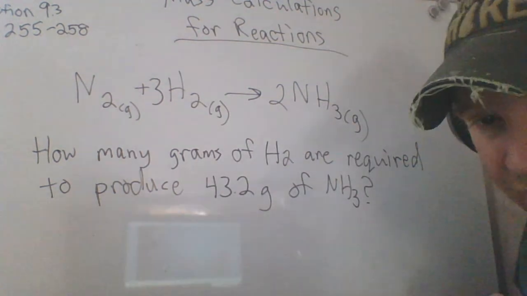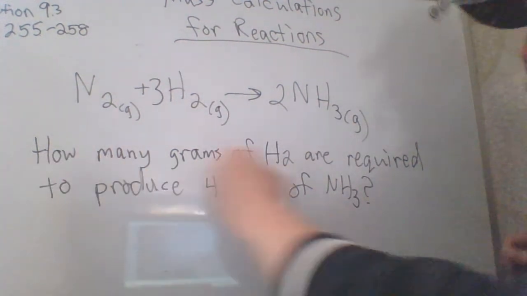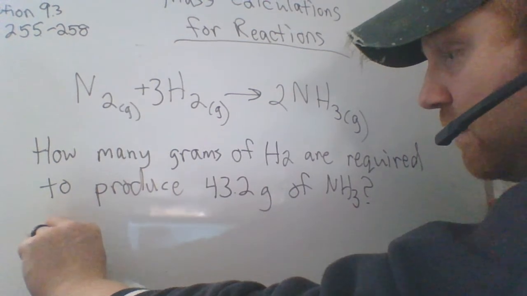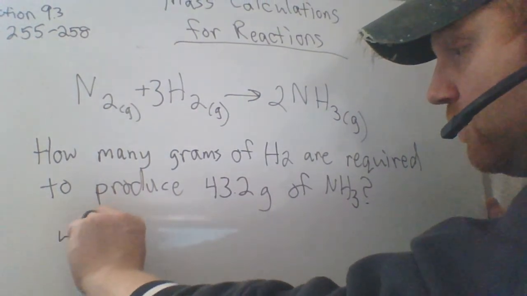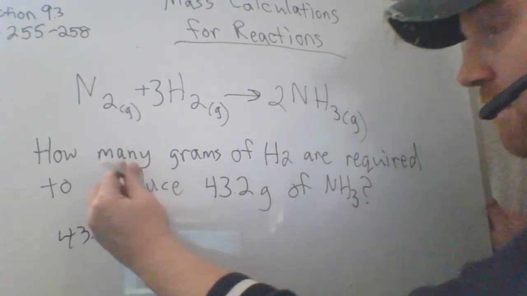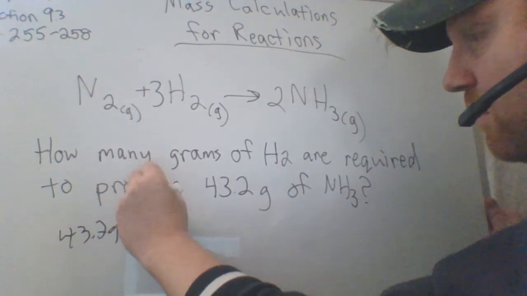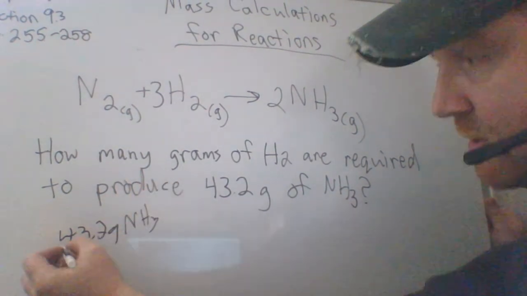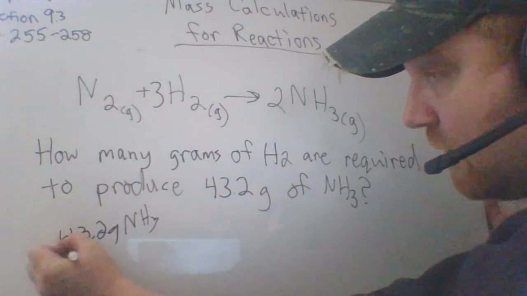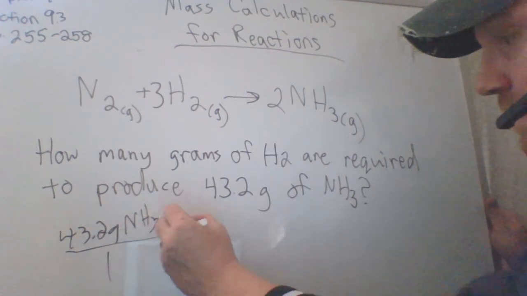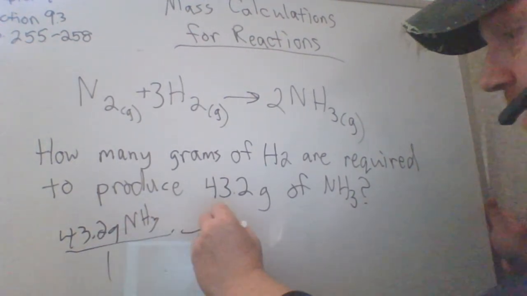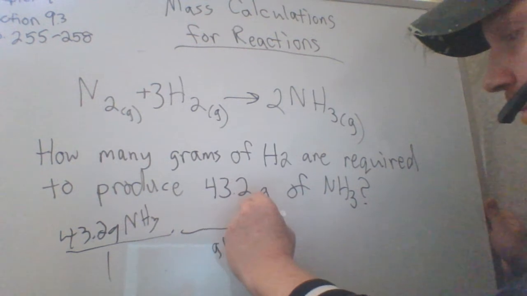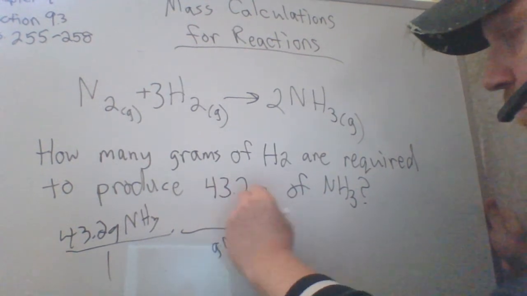Here we go. I'll make this quick so the video isn't too long. We have 43.2 grams of NH3. It's always important to label. Sorry for the messiness. I'm trying to do this so you can all see it. We're going to bring down grams of NH3, and we're going to go to moles of NH3.